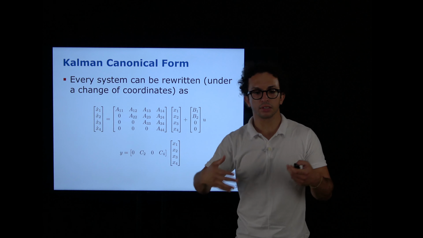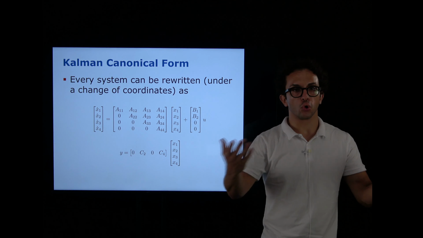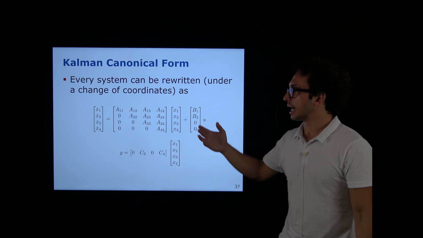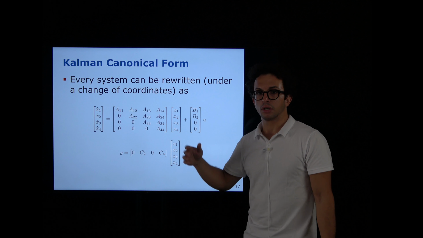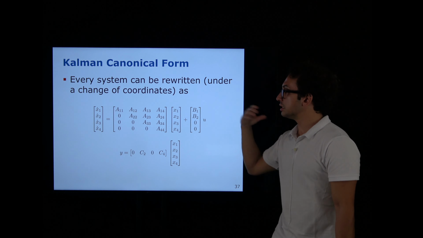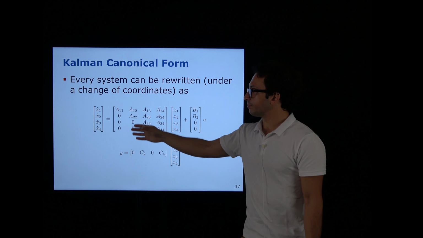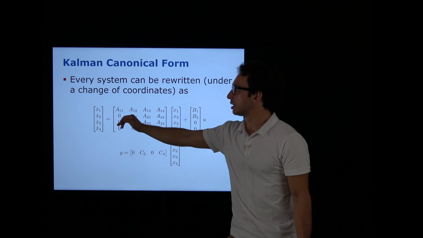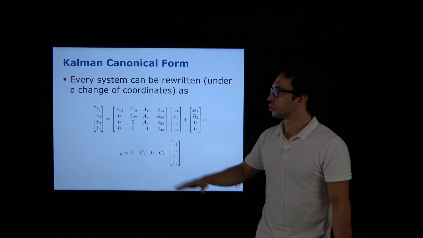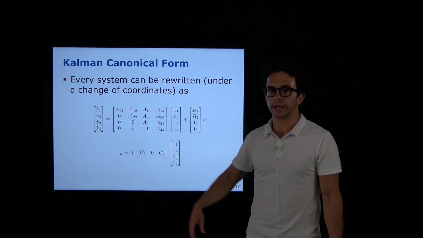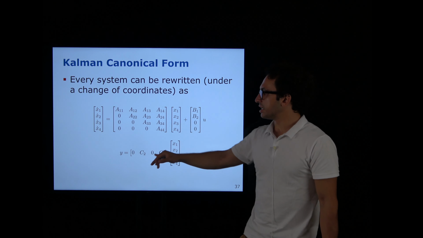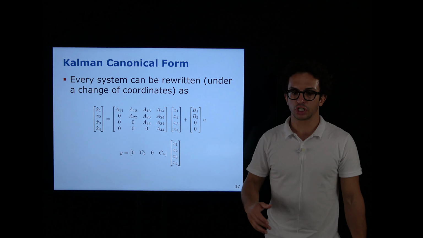So you write your system under new coordinates. This is in general always possible, and every system can be rewritten under a change of coordinates in this way. This is a very peculiar structure, as you can see, where the matrix A is block triangular. So below the main diagonal, there's all zeros, and also matrix B and matrix C have a very peculiar shape.